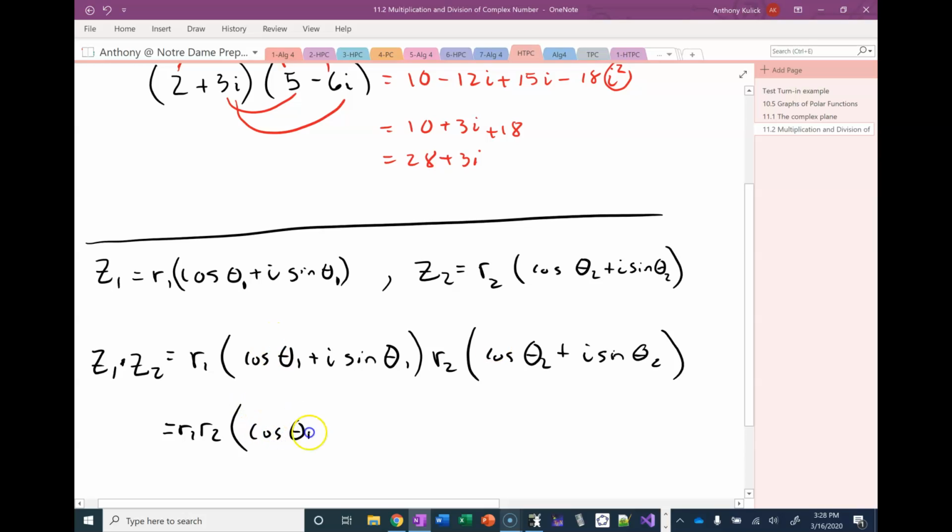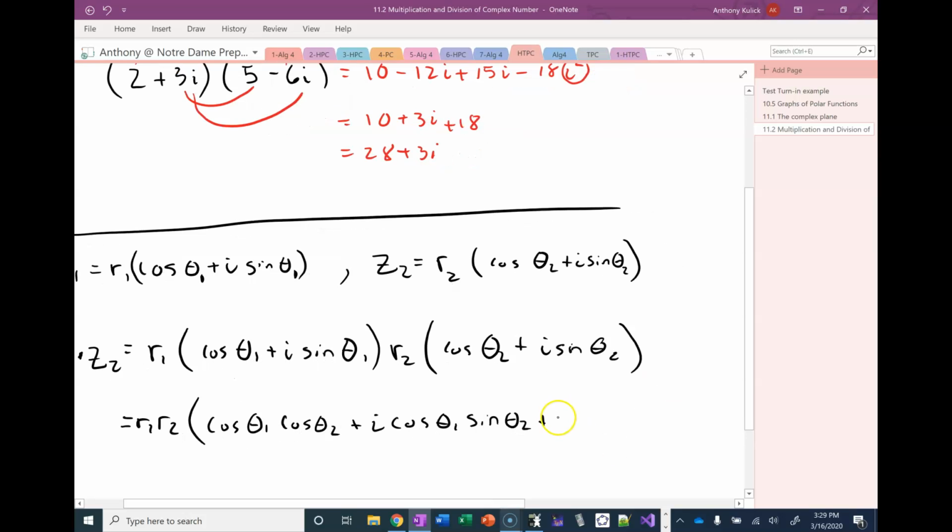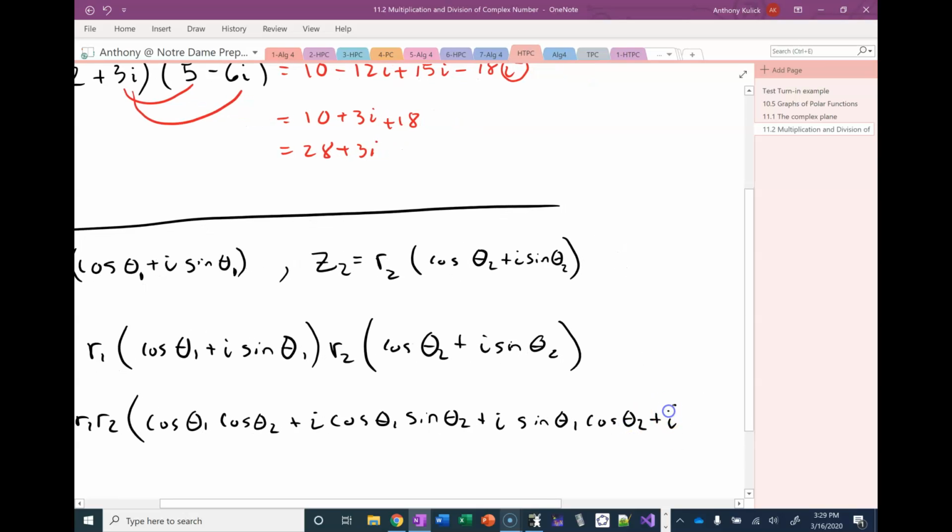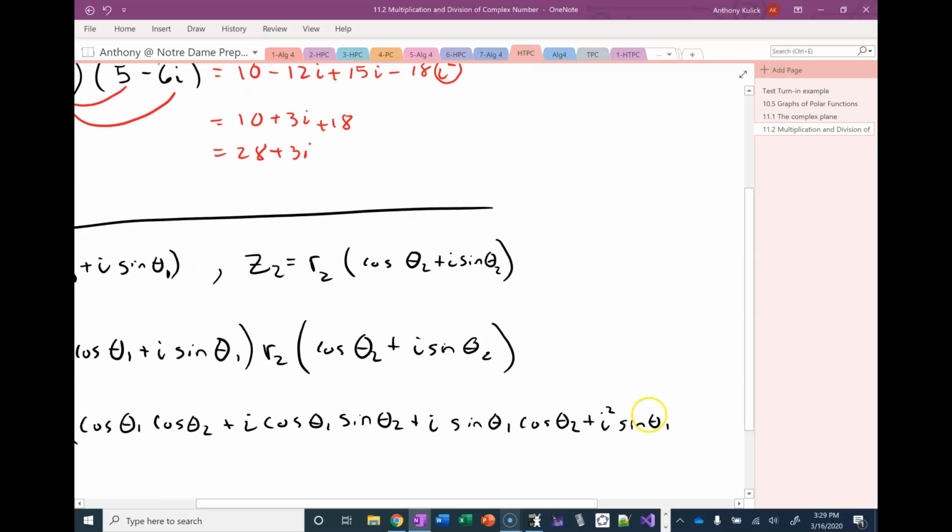So I'm going to have cosine theta 1 times cosine theta 2 plus i cosine theta 1 sine theta 2 plus i sine theta 1 times cosine theta 2 plus i squared sine theta 1 times sine theta 2.